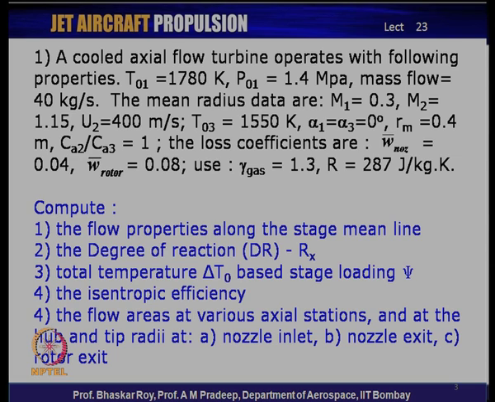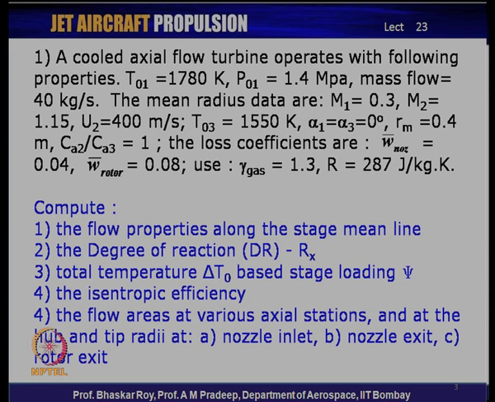Now, the problem asks you to compute the flow properties along the mean line of the stage, the degree of reaction, the total temperature delta T 0 based on stage loading. Now, this is something which we have discussed before.